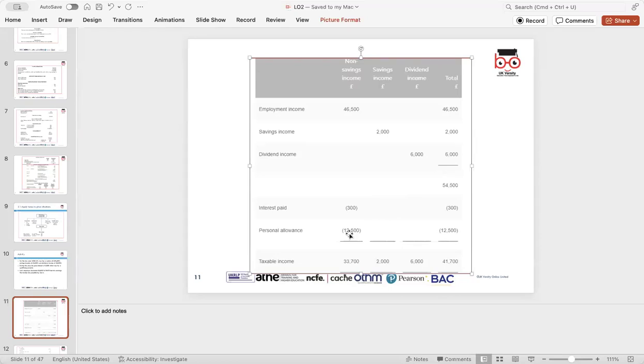This is the amount of income he can earn before paying any income tax. So after deducting the interest paid and the personal allowance from Joe's total income, we arrive at his taxable income, which is 41,700 pounds. This activity helps us understand how to break down an individual's income into different categories and calculate their taxable income.